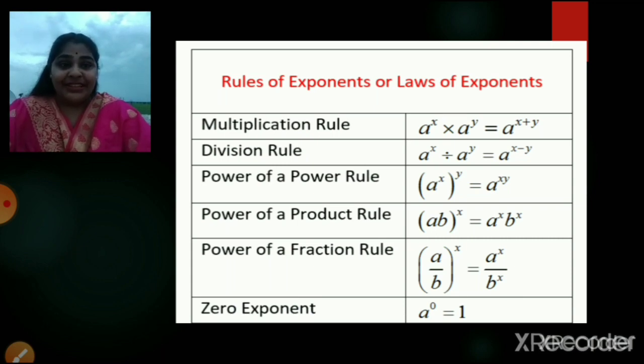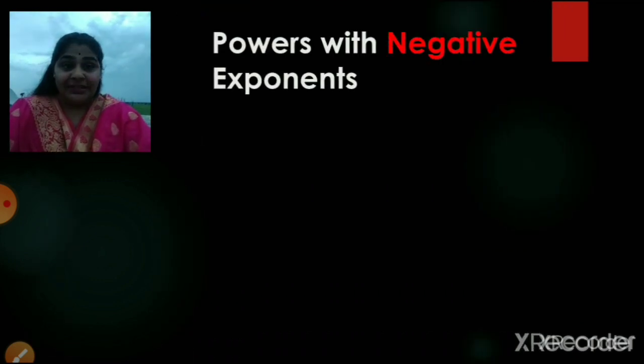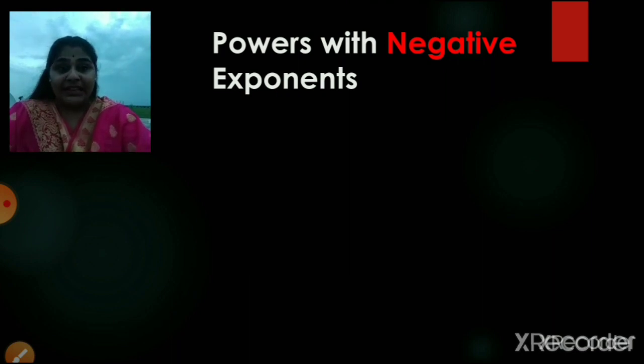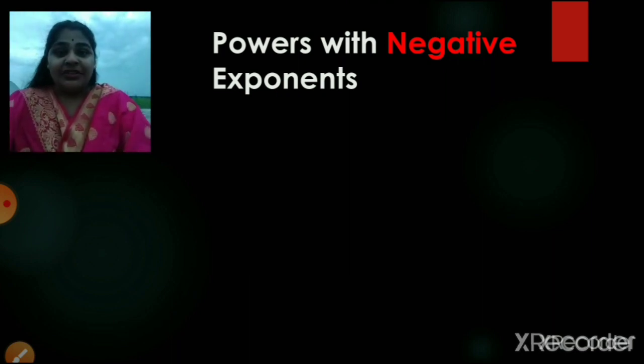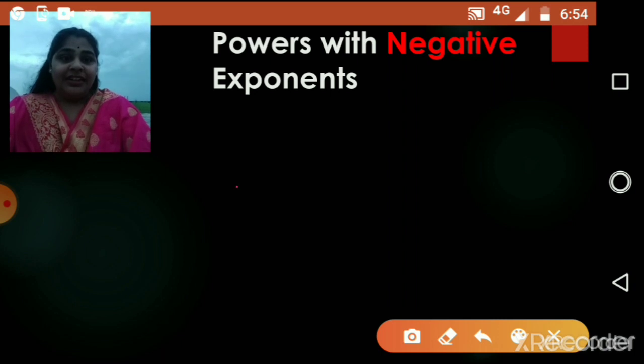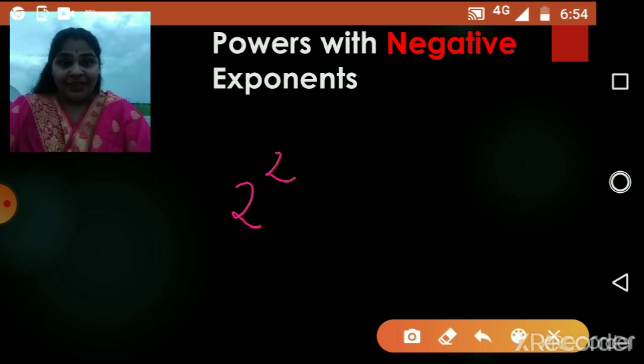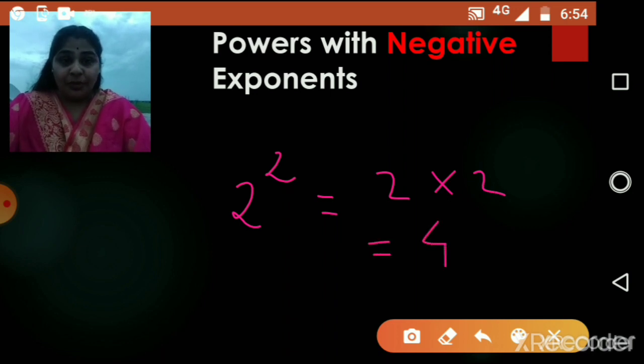So let us proceed. Now next is power with negative exponents. So here now, children, if I write 2 raised to 2, right? This we know it is equal to 2 into 2, which is equal to 4, right?